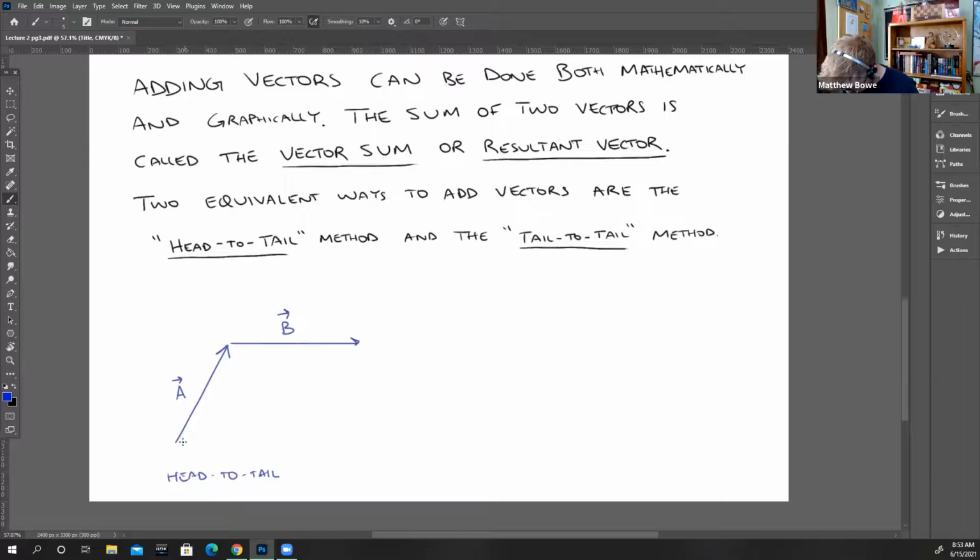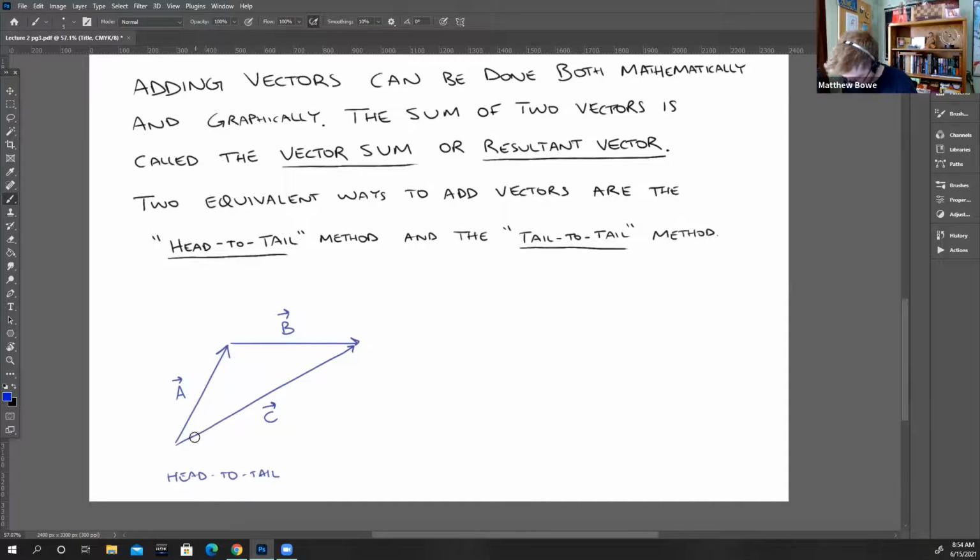And that is this vector that connects the two. Let's try to make this a straight line. Like that. And this resultant vector I can call vector C. I could draw it as a solid line.